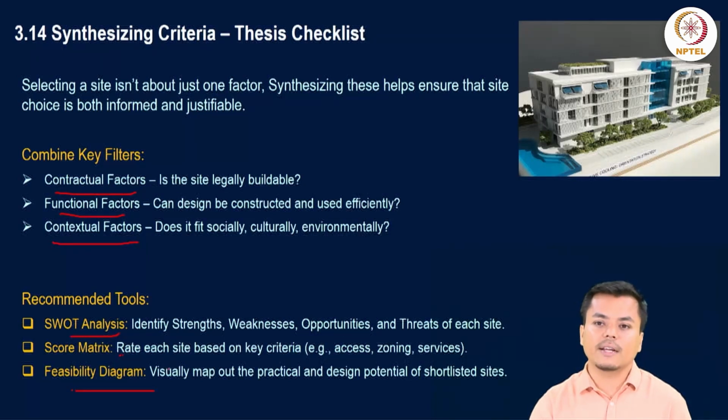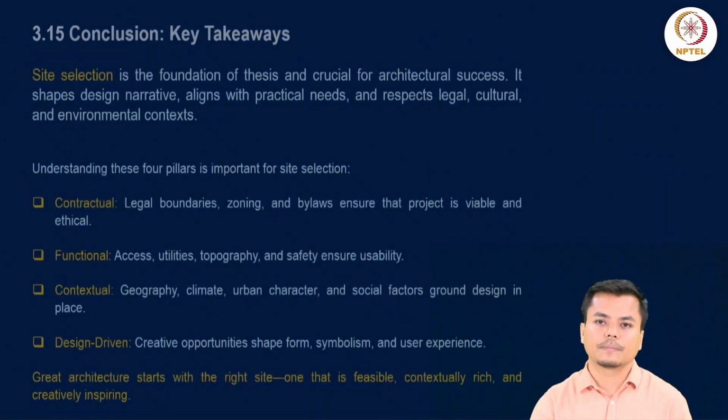Score matrix rates each site based on key criteria, like the factors that you have defined for your site analysis. You do a scoring and then select the optimum site available to you. Feasibility diagram visually maps out the practical and design potential of the shortlisted site.